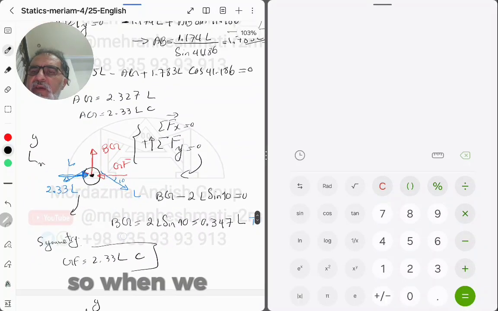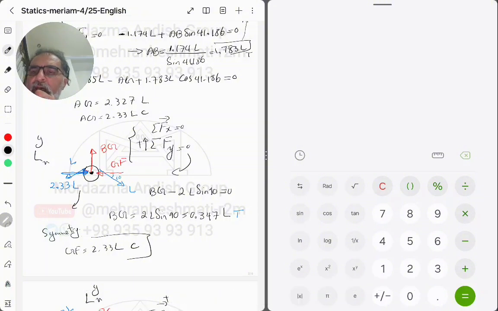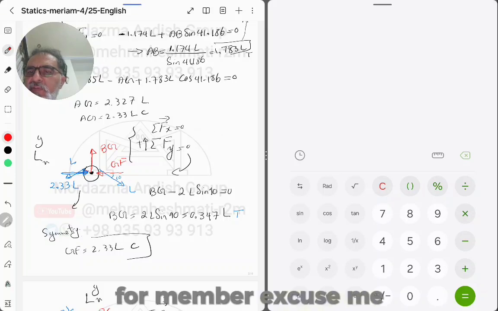So when we consider the force that acts on the joint, we should put it in this direction. For member, excuse me.